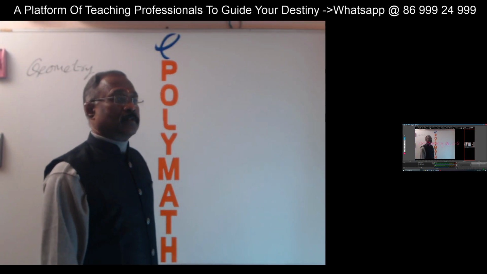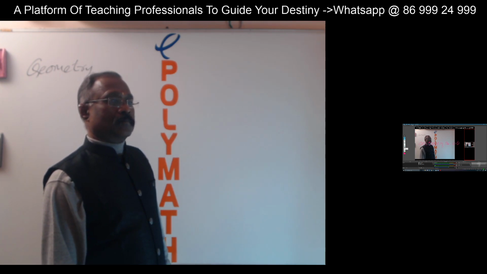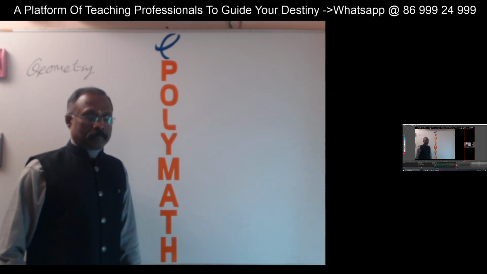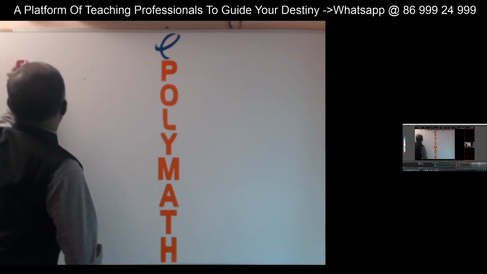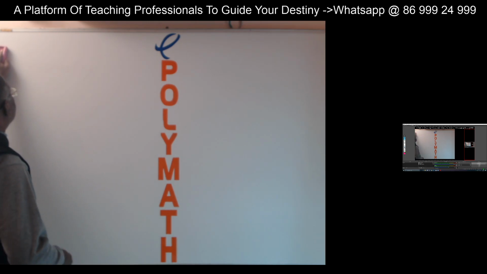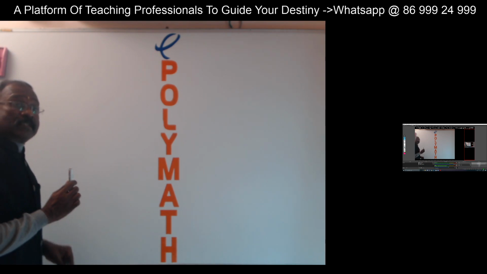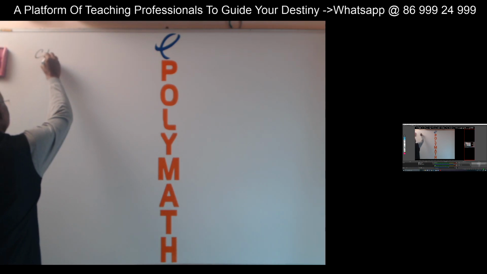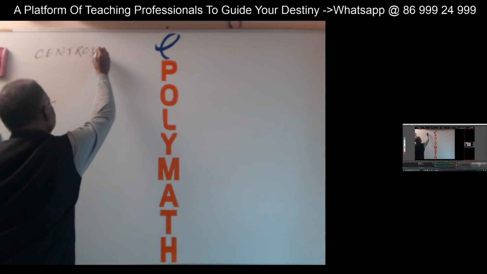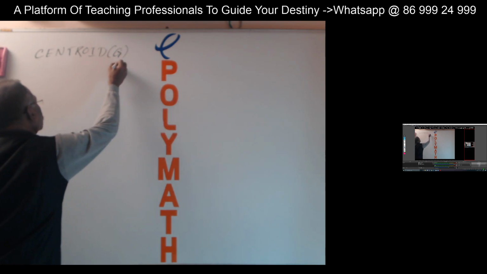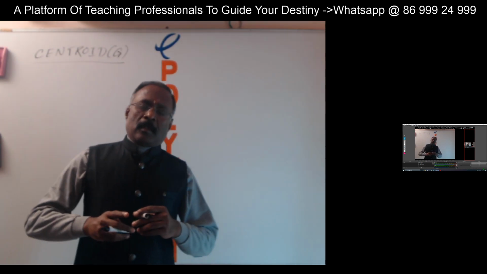Centers of the triangle. First one is centroid. Generally, centroid is a very well known center of the triangle because you have the formula in your lower classes itself.